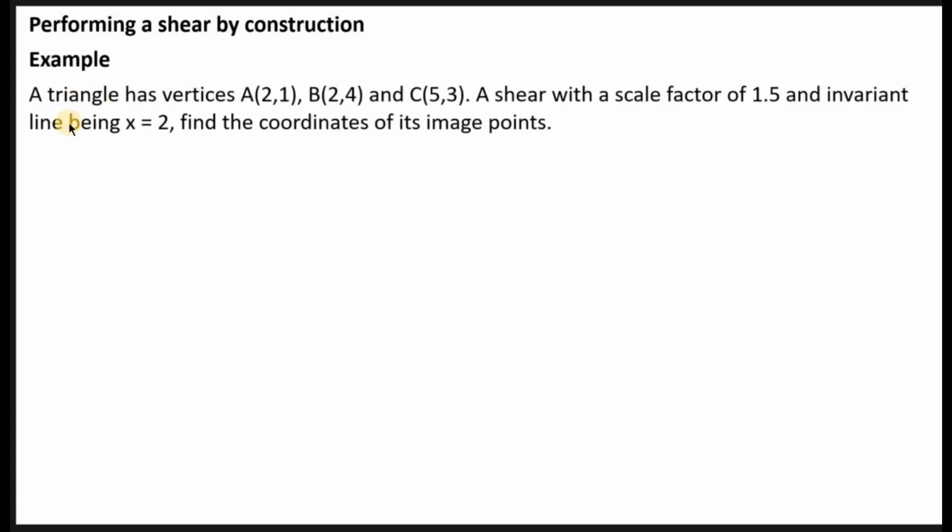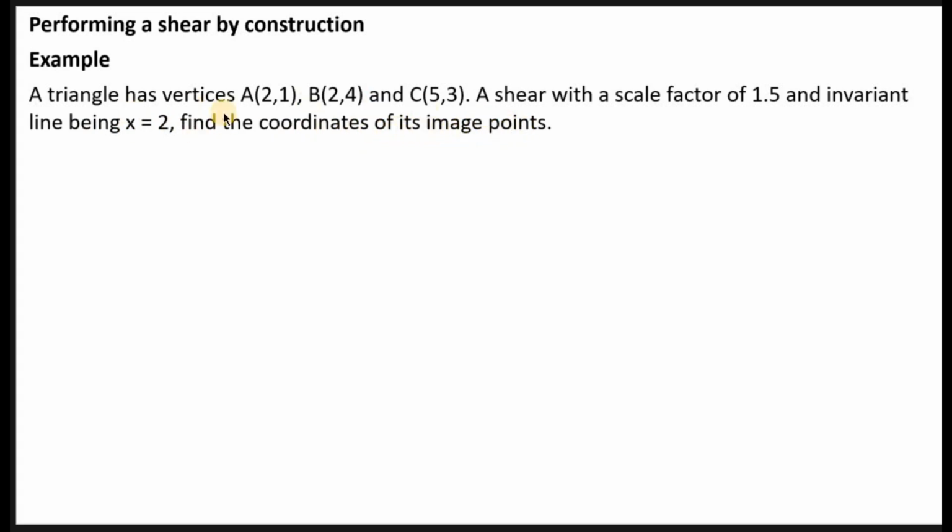So here is an example where we are told a triangle has vertices A(2, 1), B(2, 4), and C(5, 3). A shear with a shear factor of 1.5 and the invariant line being x = 2. Then they are saying find the coordinates of its image points.